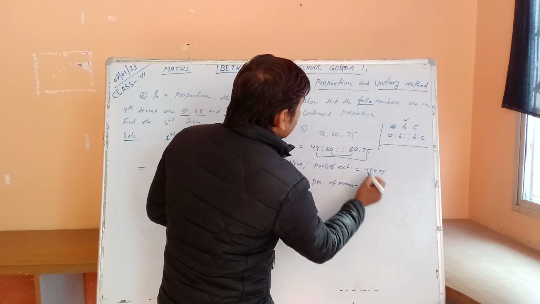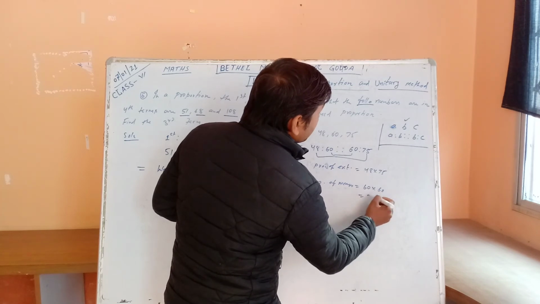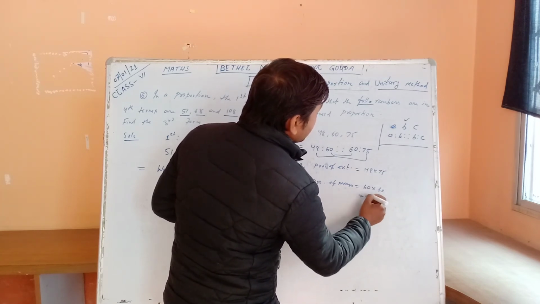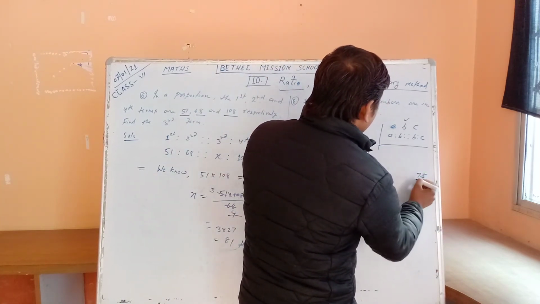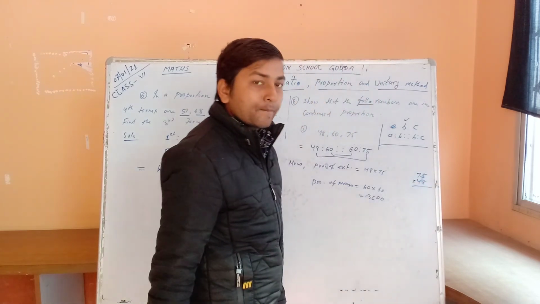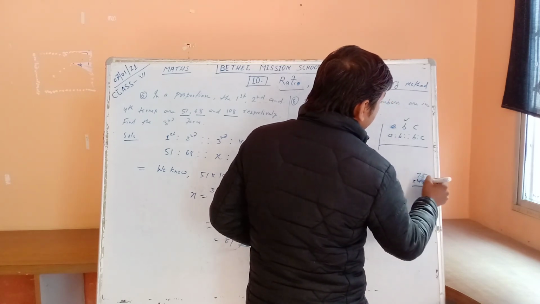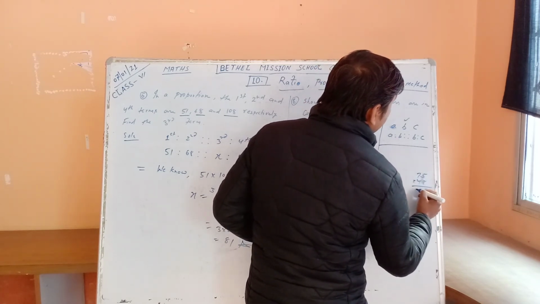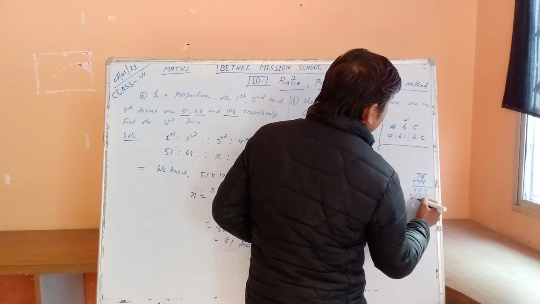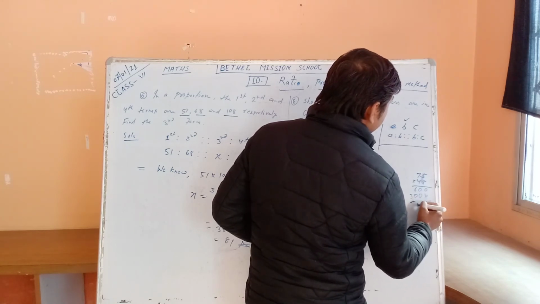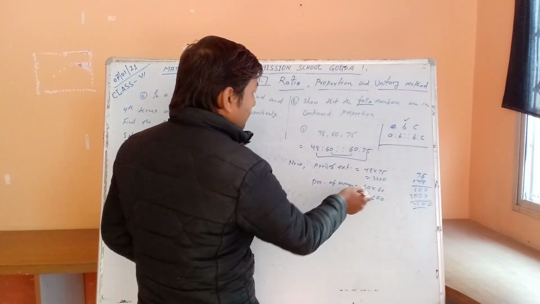Means is 60 into 60. 6 sixes are 36, and now 75 is multiplied by 48. Both became equal.